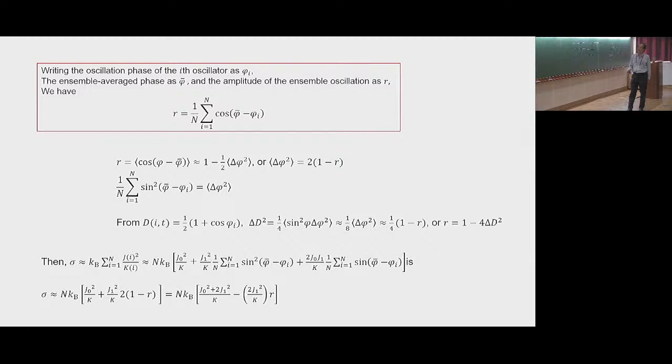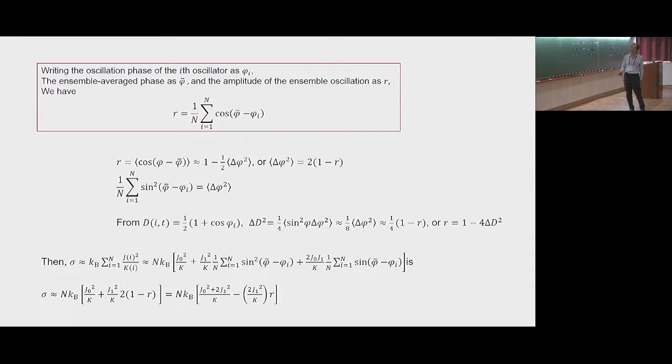And if individual D is like this, then delta D squared is proportional to delta phi squared. So this amplitude can be written in the form of the dispersion of the oscillation level. By putting these things together, we have this expression.